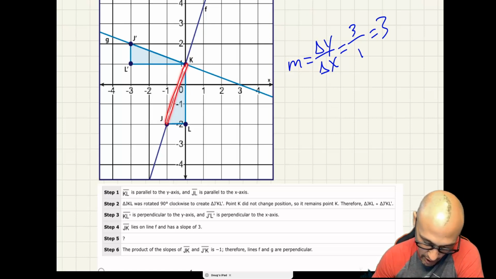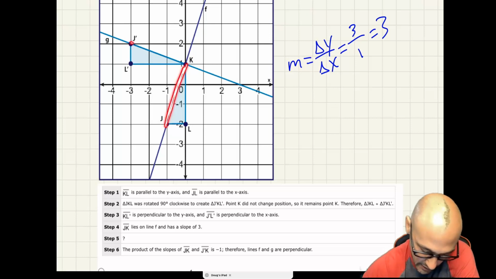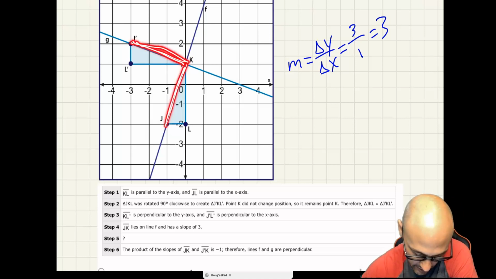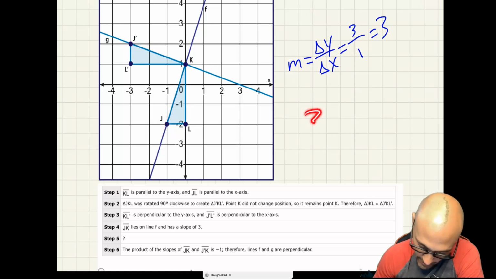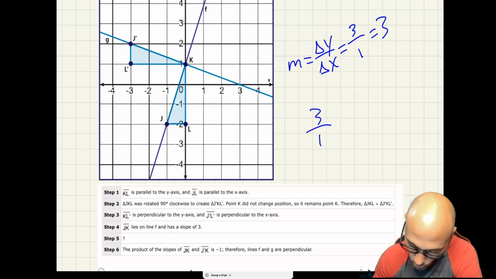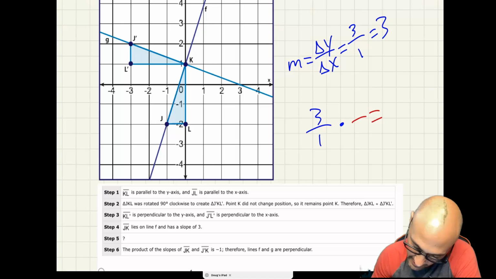Now, what we're wanting to show is that this line segment and this line segment intersect at a 90-degree angle. That means that their slopes, when we multiply them together, is -1. Well, I know that 3 over 1 times some other fraction is equal to -1.